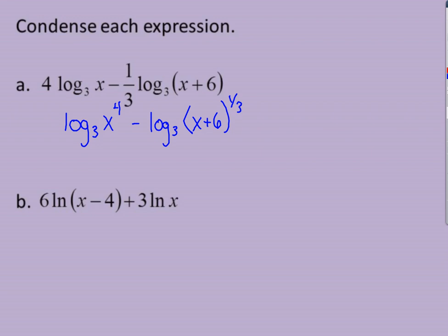Subtraction turns into division. We don't like to keep fractions in our expressions if we can get rid of them in the exponent. So remember, the 1/3 is the same thing as the third root.